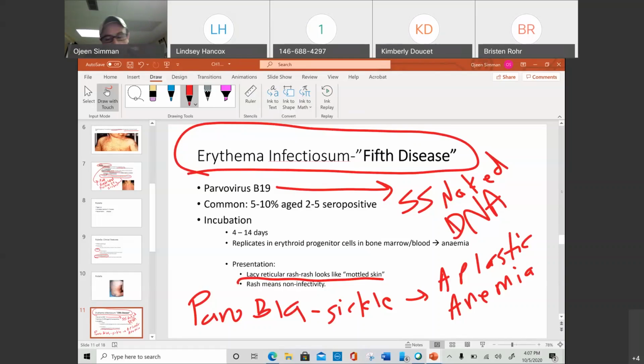So it can target the bone marrow, especially in patients who have sickle cell anemia. Aplastic anemia, very important. I always ask that question.